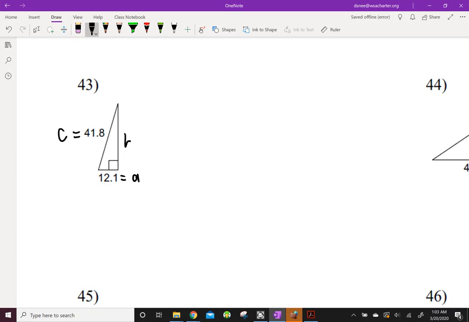Find the other leg. 12.1 squared plus b squared equals 41.8 squared. And that's going to be 146.41.